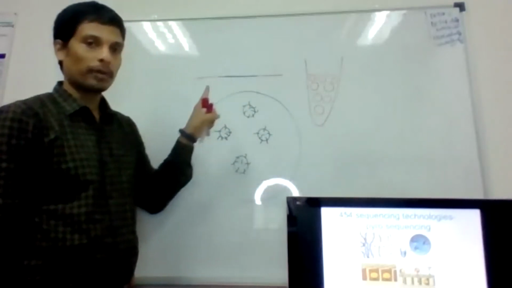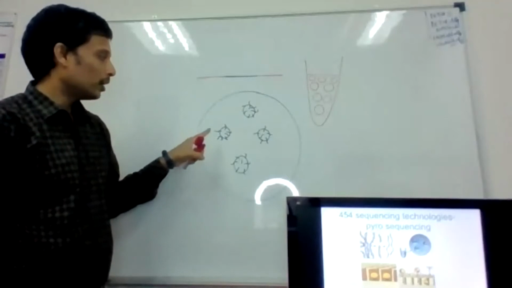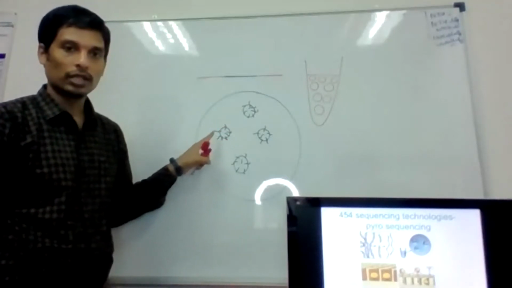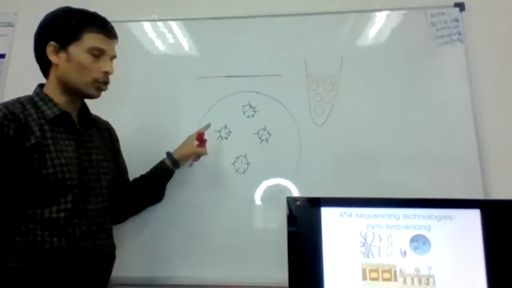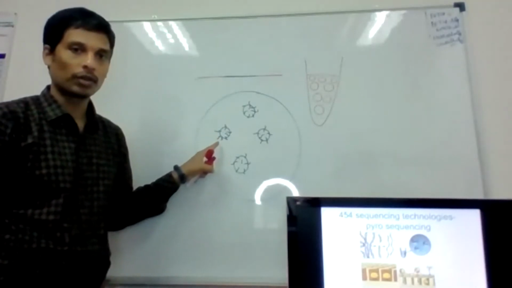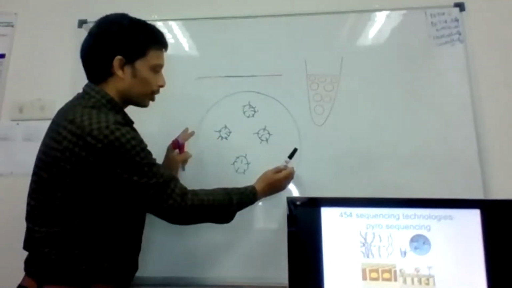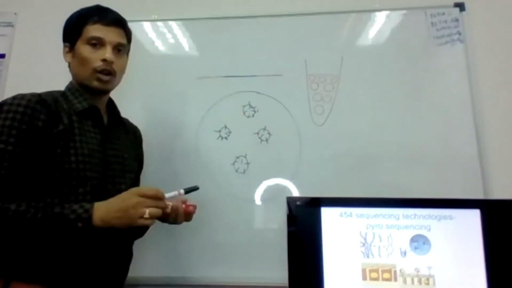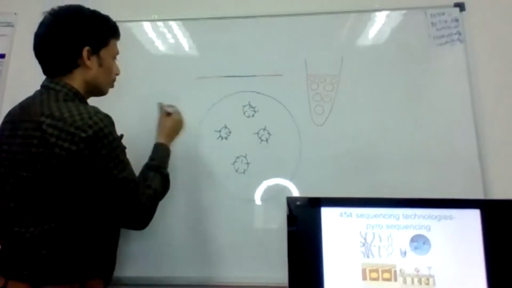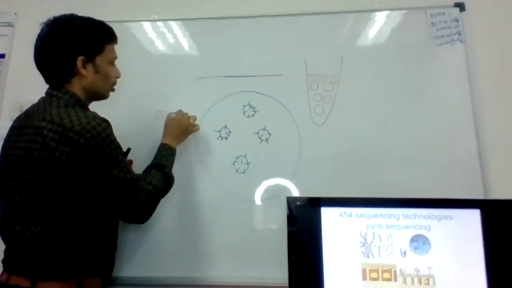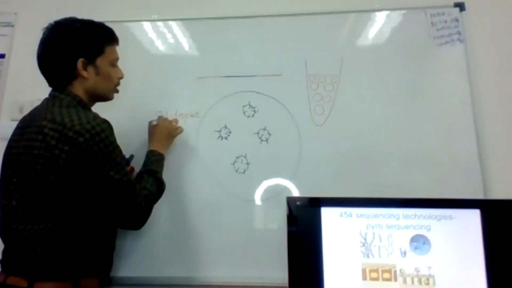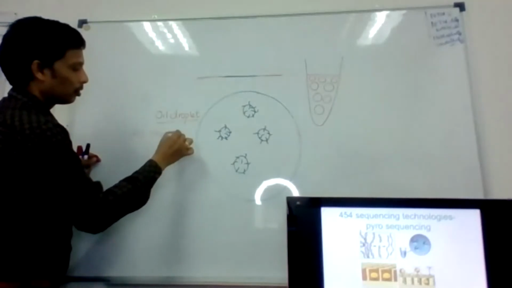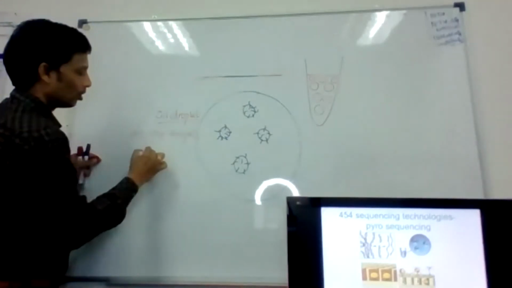Each oil droplet has some beads, and each bead has a few tens of thousands of immobilized oligos, the primers. And inside this emulsion, that is inside the oil droplet, it contains all the reagents of PCR.